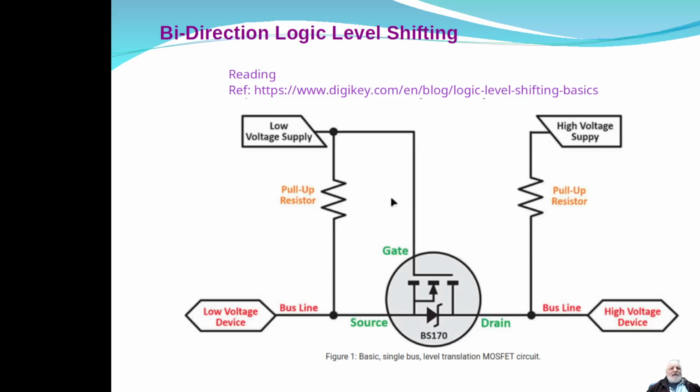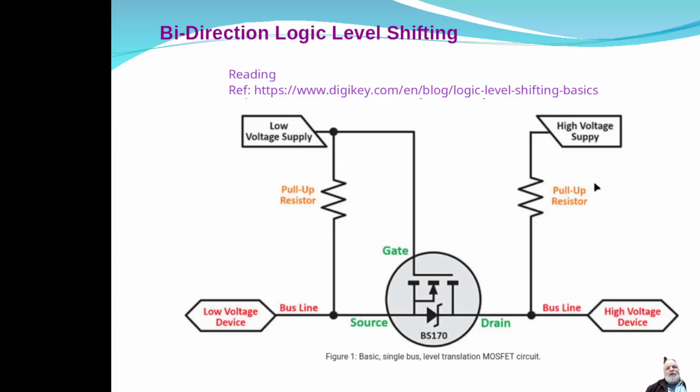But we've got it hooked up now in such a way that we're going to wire this to our low voltage device, and then we're just going to have a pull-up resistor to our low voltage value. So if we're using a 3.3, then that would be 3.3. If we're using 5 volts, whatever this low voltage is. And then you have your high voltage, which could be 24 volts or could even be higher possibly.